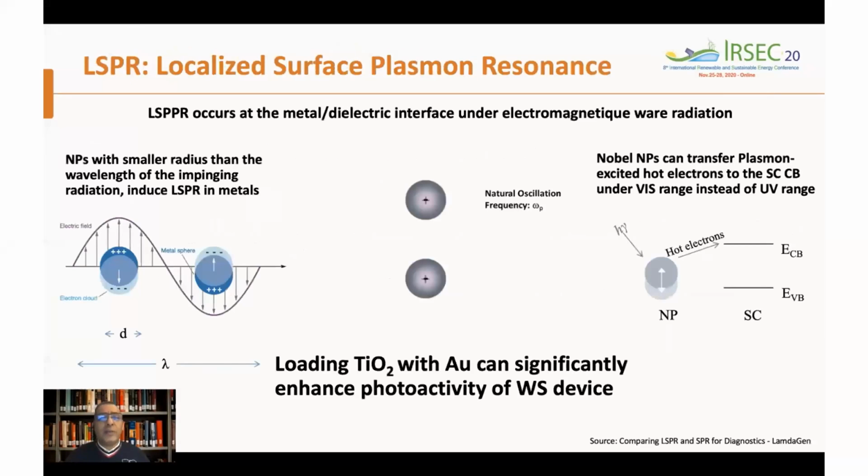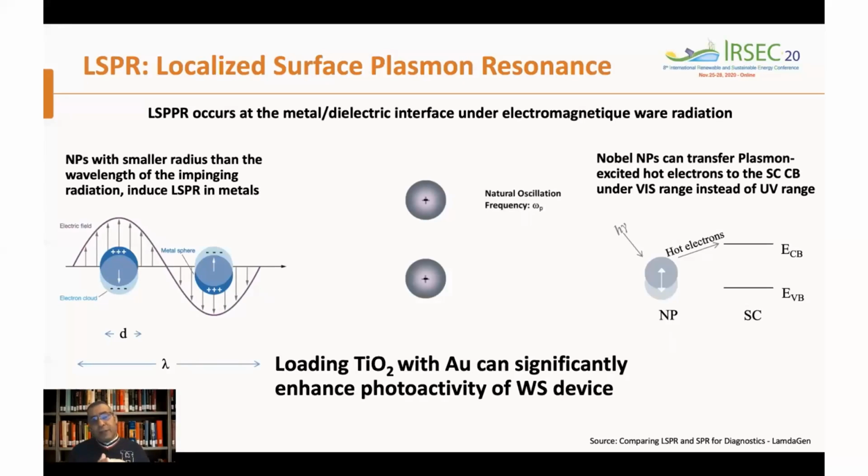So we give a word here about localized surface plasmon resonance. What is it about? First, surface plasmon resonance happens when we shine a metal with an electromagnetic wave. When we shine a material surface with an electromagnetic wave, we have a charged electron cloud moving on the surface.